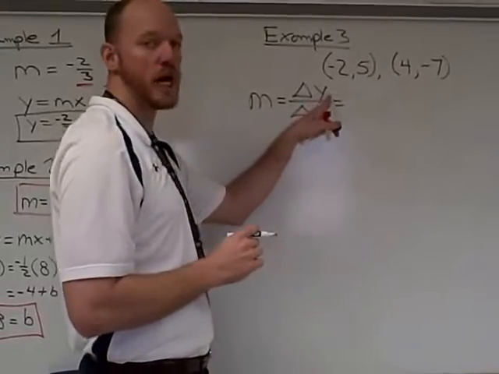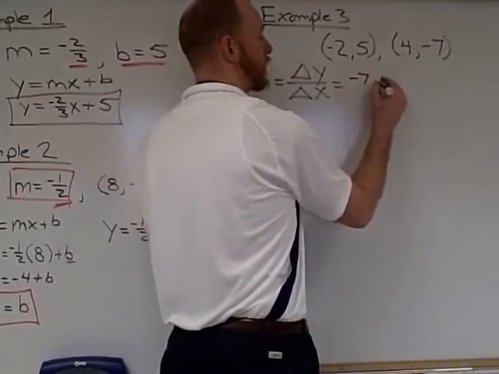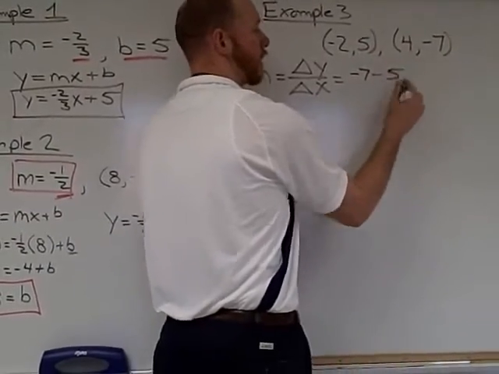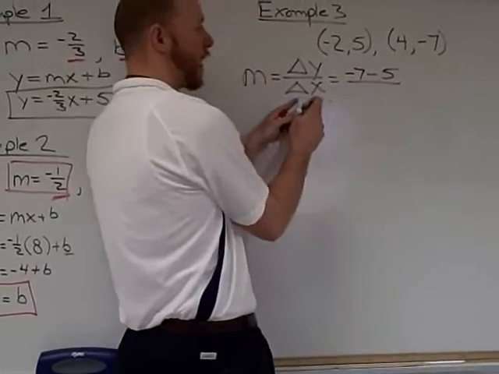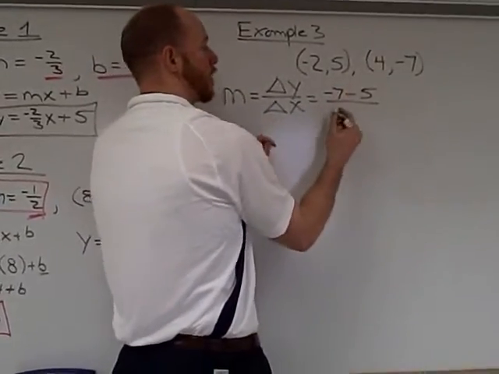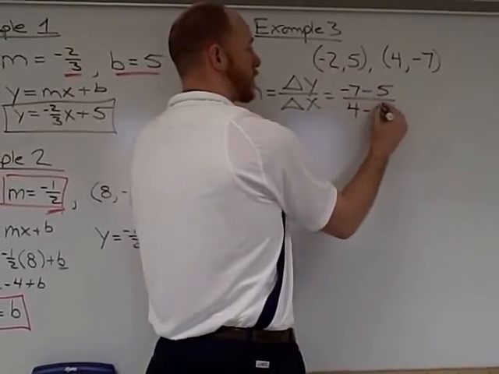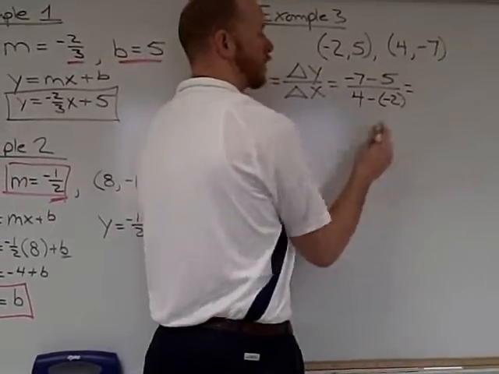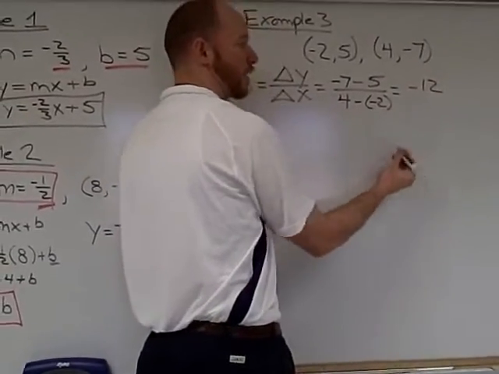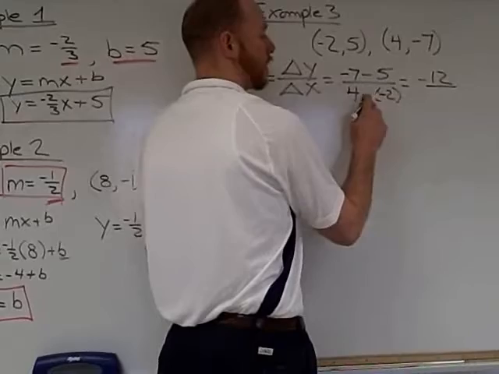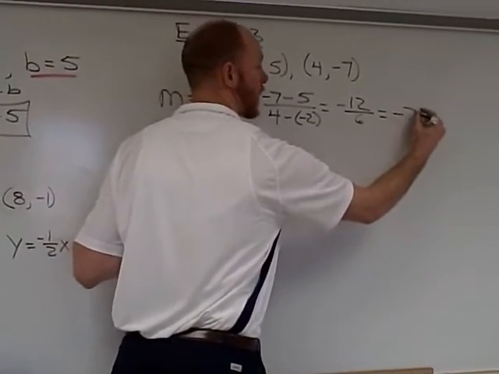To determine the change in y, I take my y values, negative 7 and 5, and find the difference between those two. To find the change in x, I find the difference between my x values, 4 minus a negative 2. This gives me negative 12 in my numerator, and 4 plus 2, which is 6, in the denominator, which reduces to negative 2.